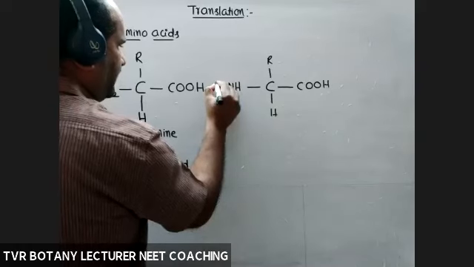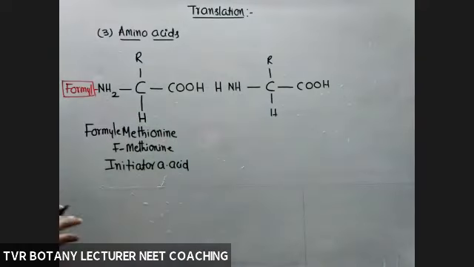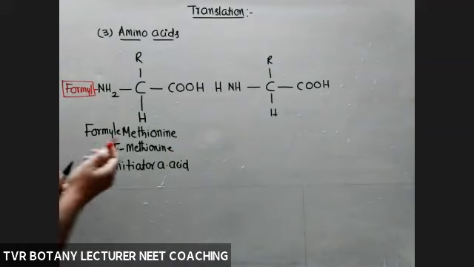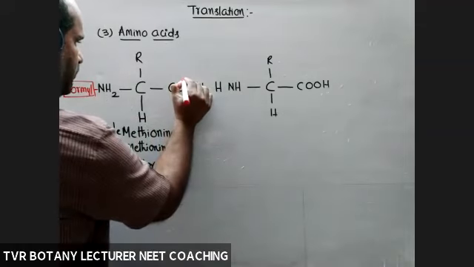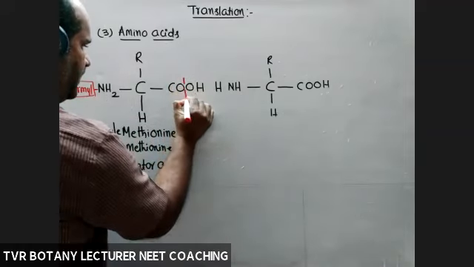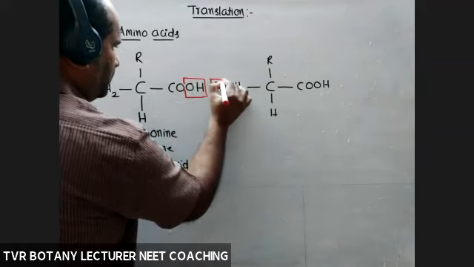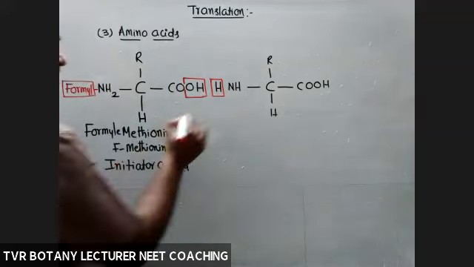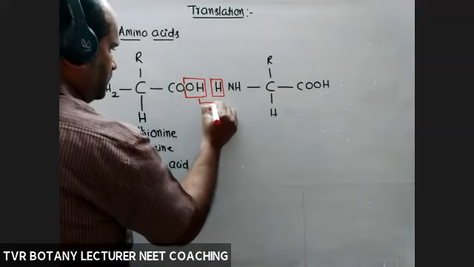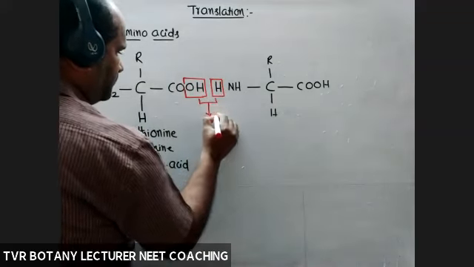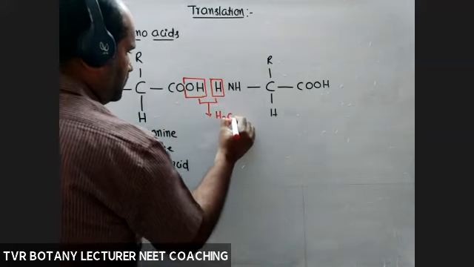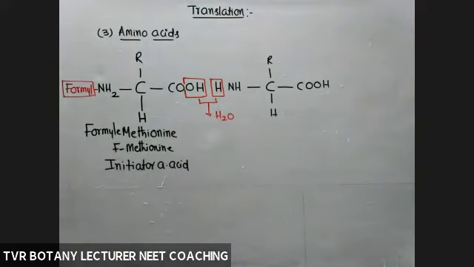So NH and H. So out of the carboxylic group, OH plus this hydrogen atom, these two are removed in the form of H2O. So the formation of a peptide bond is by dehydration.